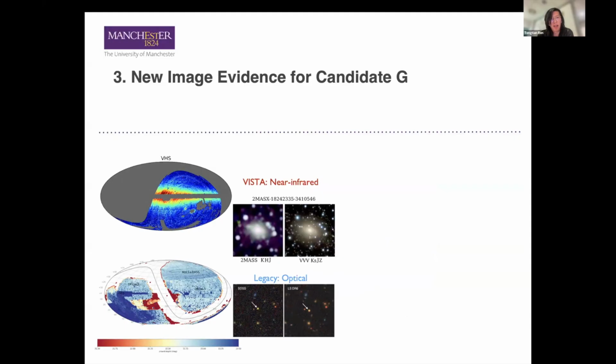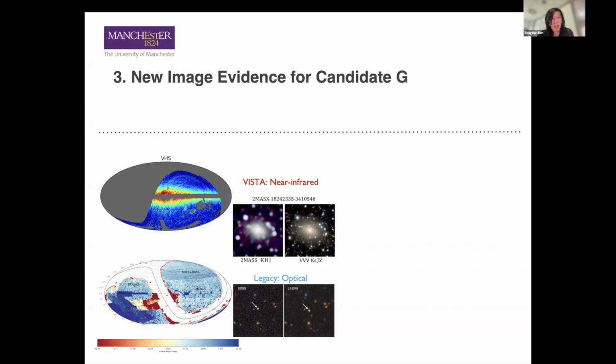This is in the near infrared. And if we focus on the optical, the Legacy Survey can capture many faint objects, with magnitudes that can reach fainter than 20.